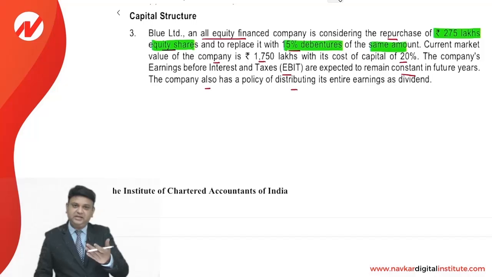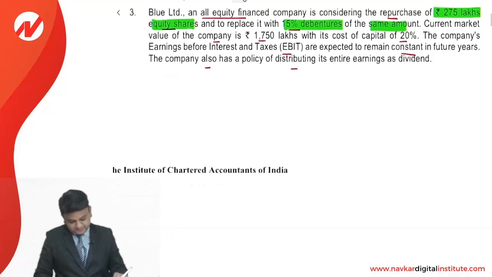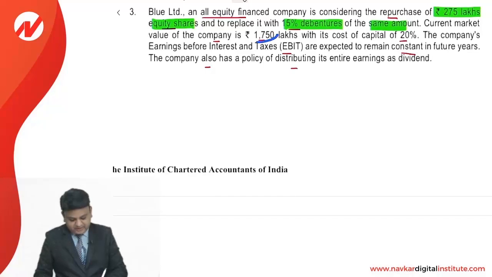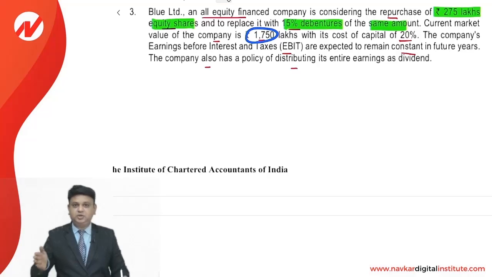So debt financing for redemption of the equity share capital. Market value is provided to us as 1750 lakhs and cost of capital is given as 20%. So cost of equity itself is the weighted average cost of capital, 20%.